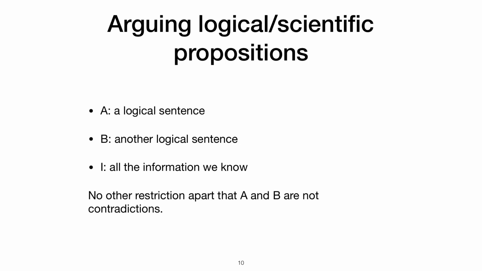And I'm also going to use this symbol I to indicate all the information that I have at a given point in time. So this would include everything I know regarding propositions A and B. I'm going to be referring to this I as the information or the background information.